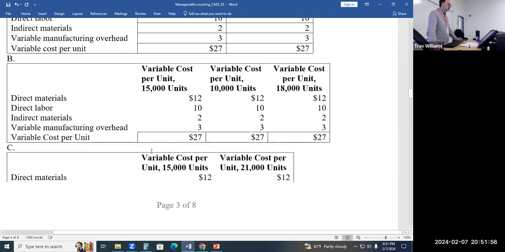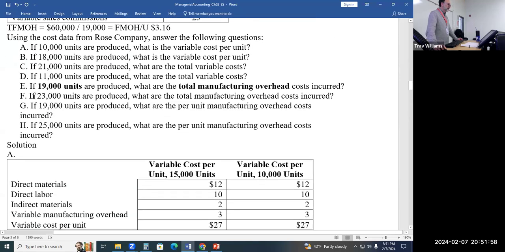F is for 23,000 units. If 23,000 units are produced, what are the total manufacturing overhead costs? Okay. So the manufacturing overhead has a fixed part and a variable part.